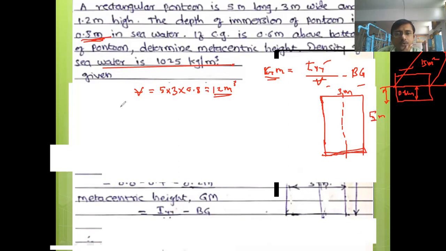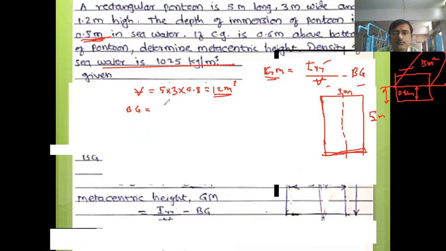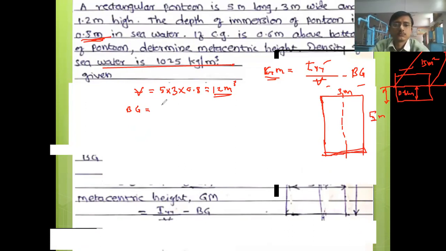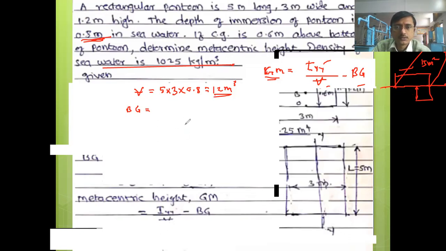Now, who will tell me what will be the value of BZ? What is the formula here that we have used? We have written. Yes, anyone? BZ is equal to capital H by 2 minus small h by 2. Correct.